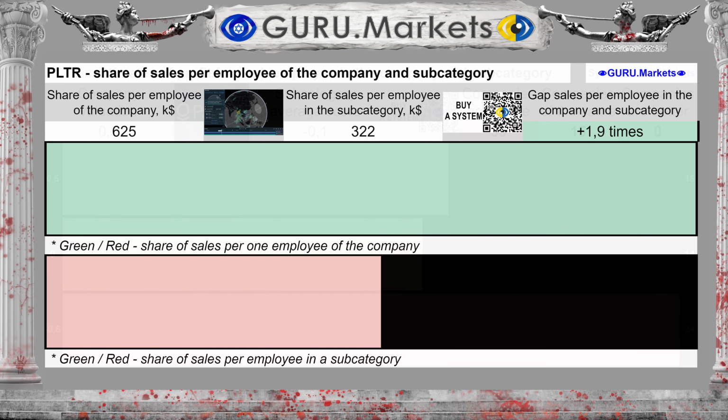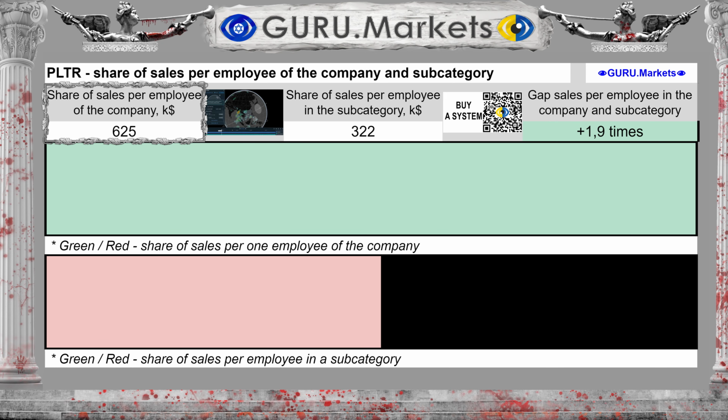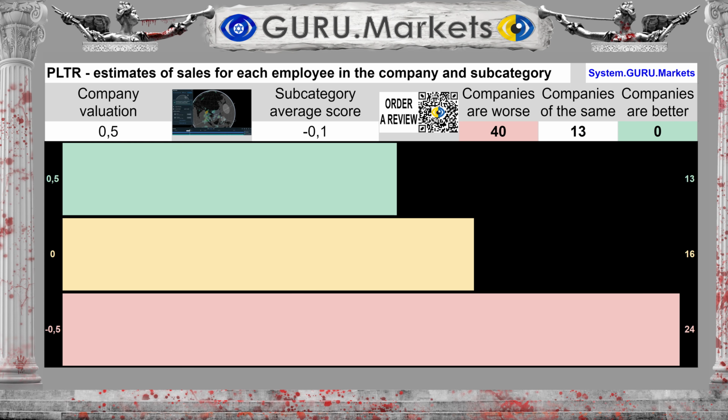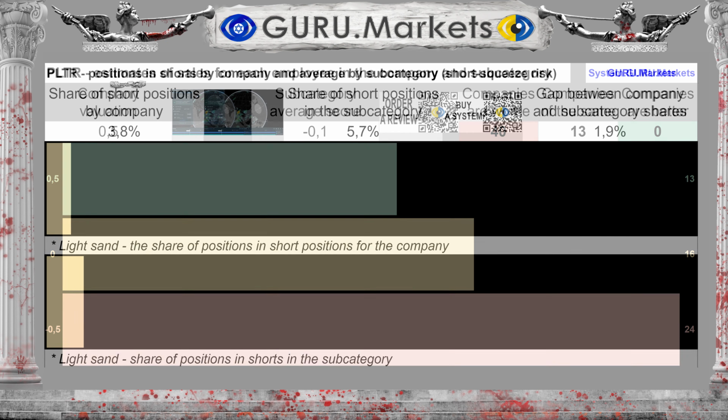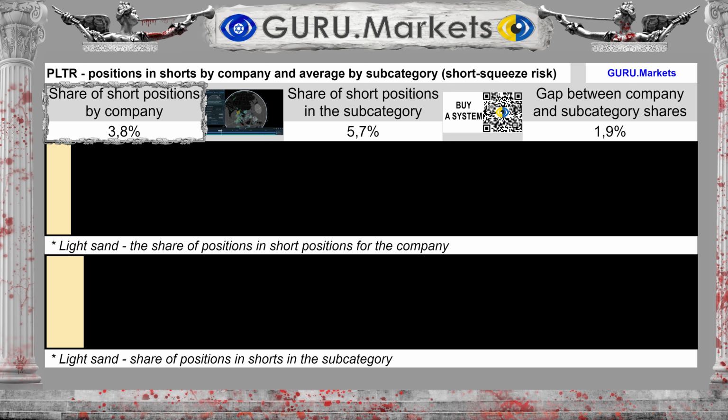The company's revenue per employee is $625,000. By subcategory, $322,000. The difference is 94%. Estimation of sales per company employee in comparison with the subcategory: good, 0.5 points.